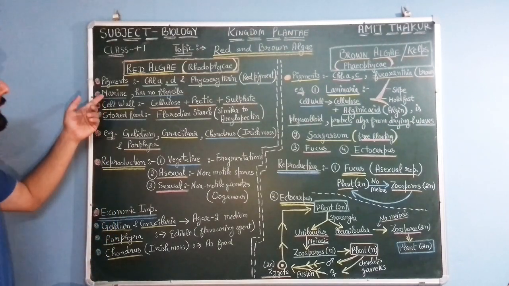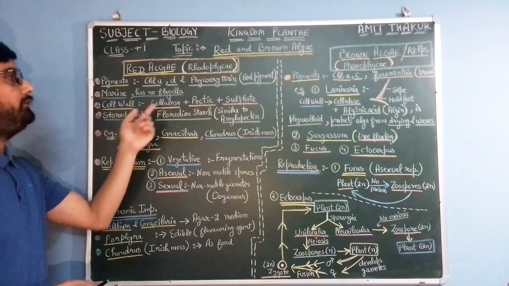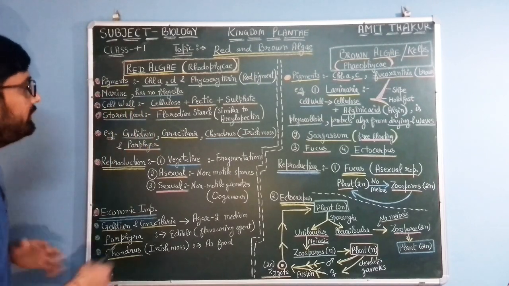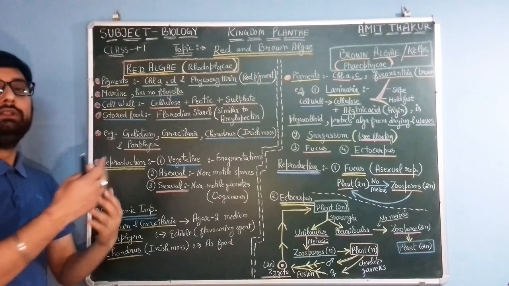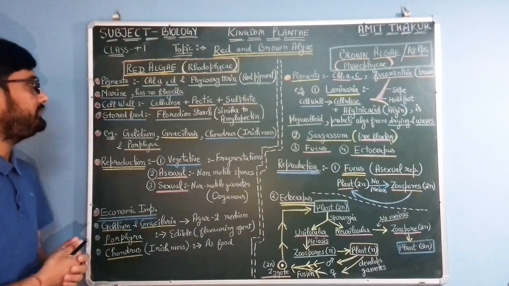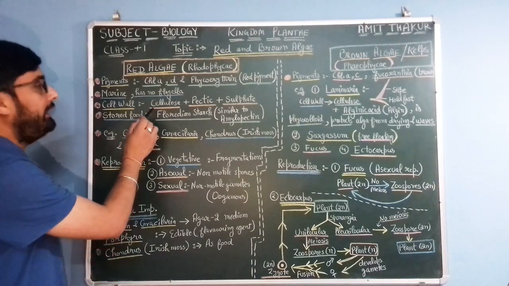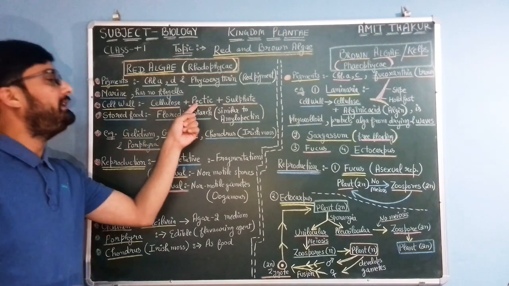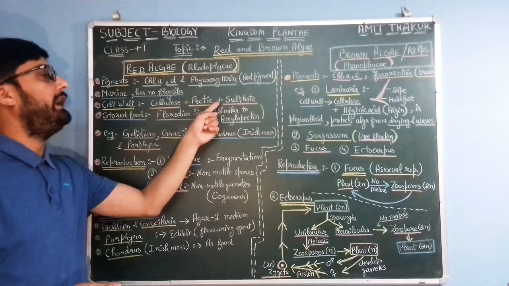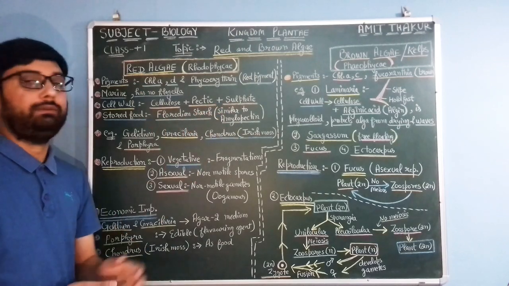As I told you, it is marine in nature and has no flagella, so it moves along with the tides or waves of the ocean. The composition of the cell wall is cellulose, pectin and sulfate types of substances.